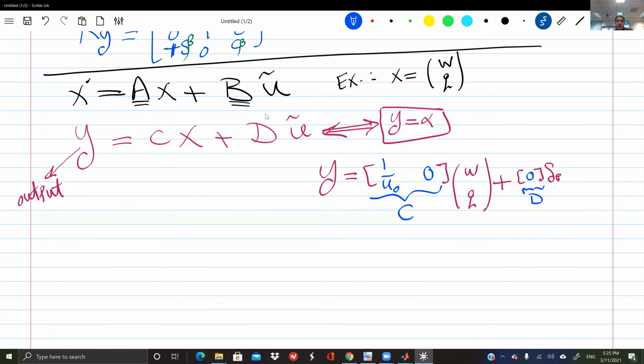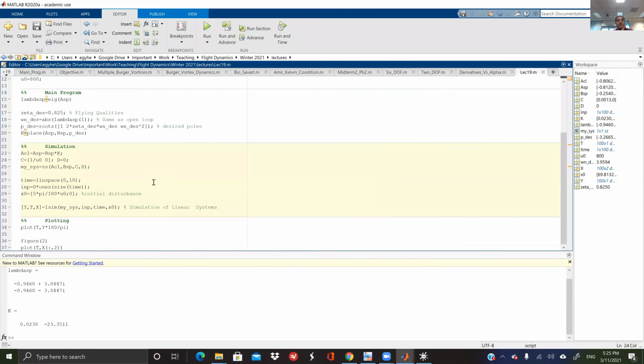If you want to retrieve your U, how are you going to retrieve my input, the elevator? How can I retrieve the elevator? In general, how can you, aside from MATLAB? MATLAB is just, we do it after the fact, after we know how to do it by hand. If I ask you, find your elevator deflection during this excursion.